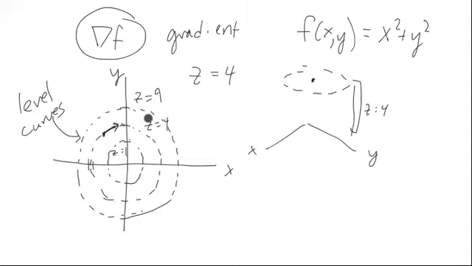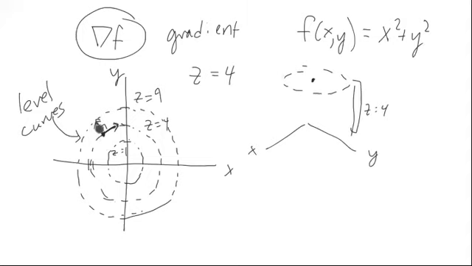Then you can expect that the z value won't be changing. It'll be staying at the same height. But what happens if you go this way, going up perpendicular to that? You actually can expect to grow a lot.